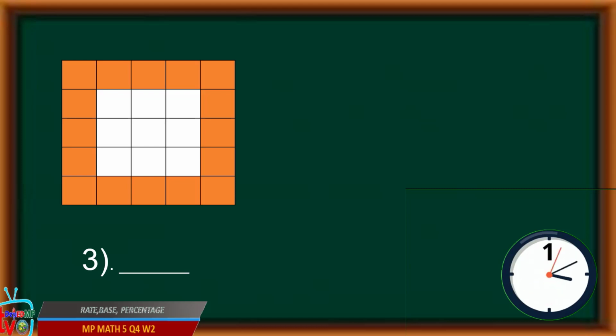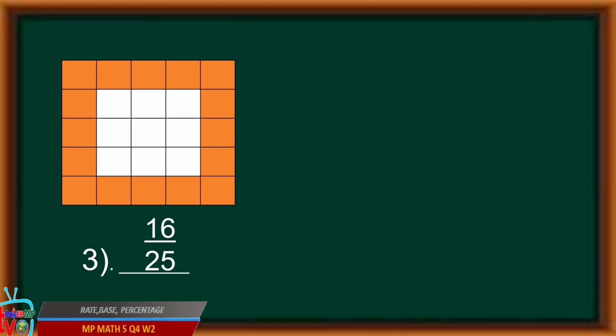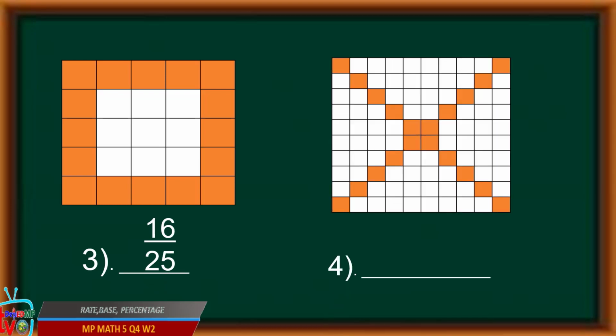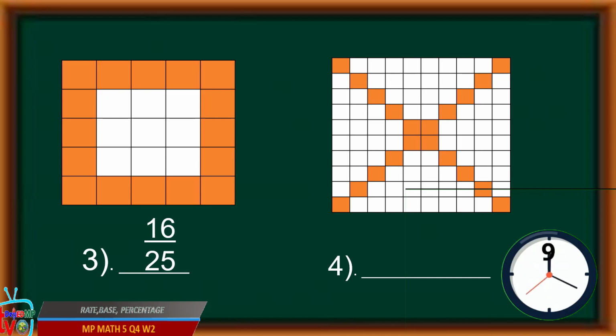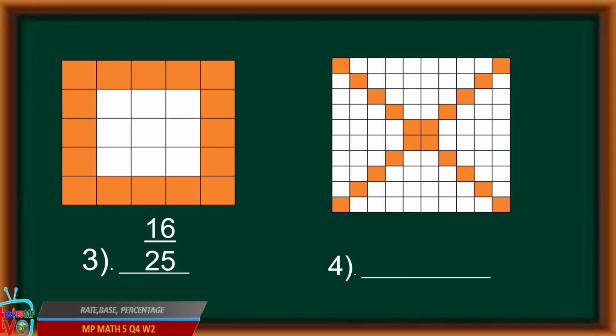The correct answer is 16 over 25. Number 4. The correct answer is 20 over 100 or 1/5.